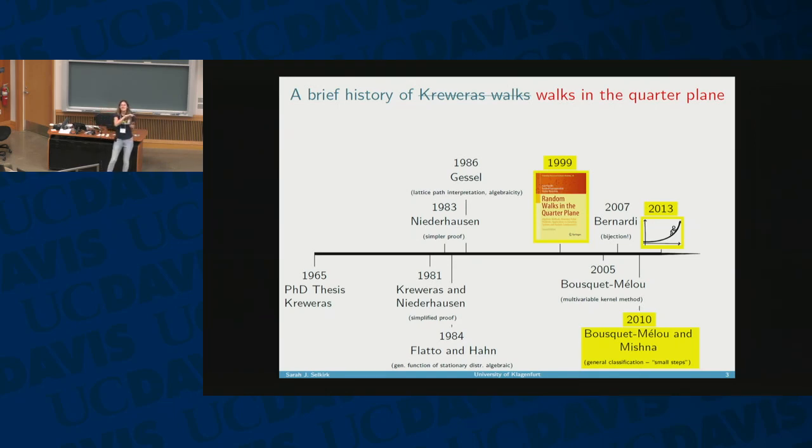So the step set has to be a subset of the 8 cardinal directions. Okay, and then after these papers appeared, there was a massive increase in the number of people working on walks in the quarter plane.